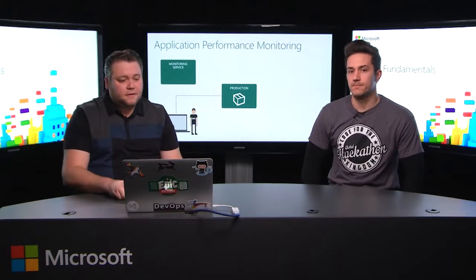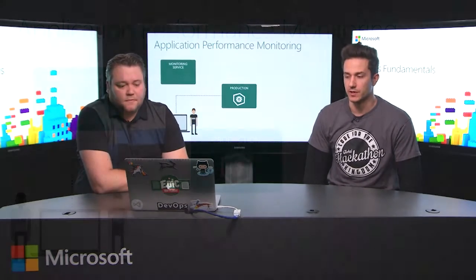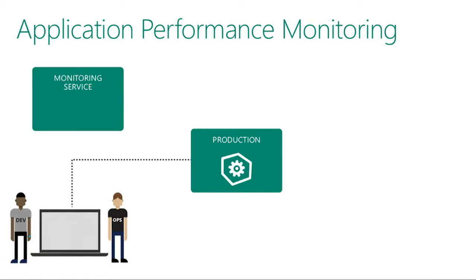Okay, so what is application performance monitoring? Well, at a high level, application performance monitoring typically is going to involve some form of agent running on your application in production, which is what you saw, the little cog there running. That is then going to submit information up to some form of monitoring service.